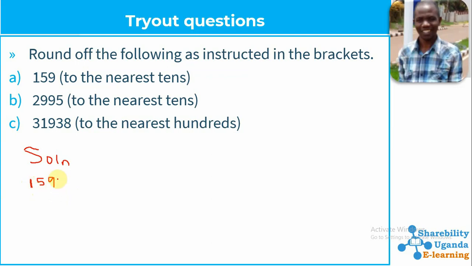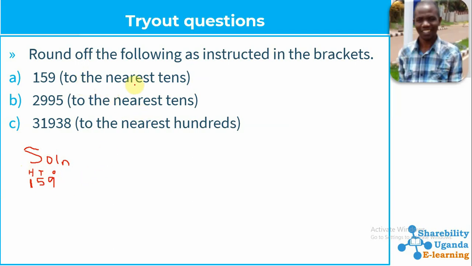So you identify its place values. Of course, you cannot do without knowing the place values. So this is the place value of ones, this is the 5 in the place value of tens, and this is the place value of hundreds. So after identifying their place values, then you come back and read.